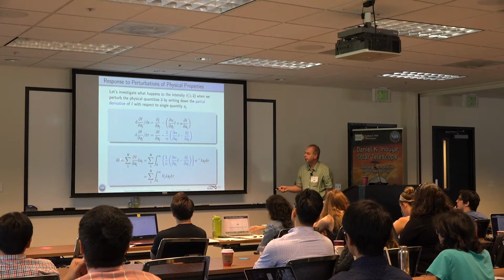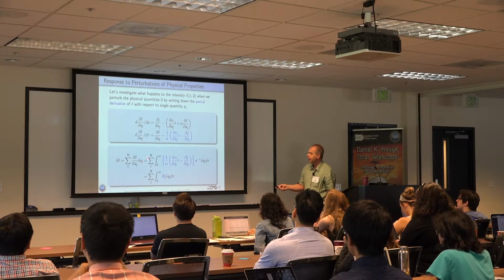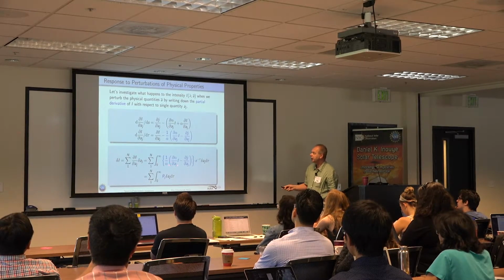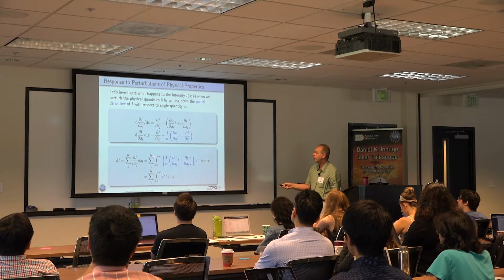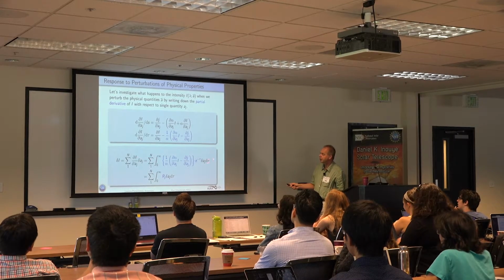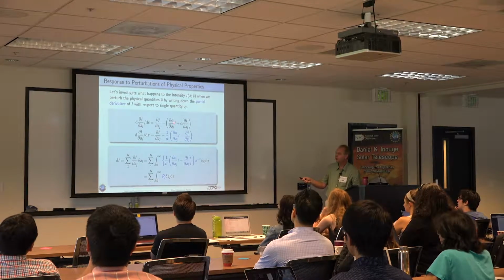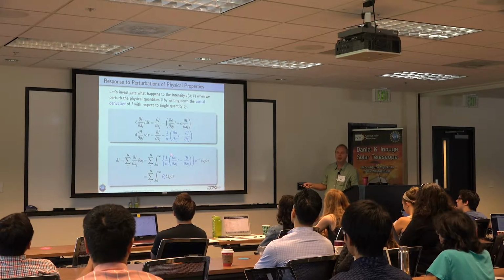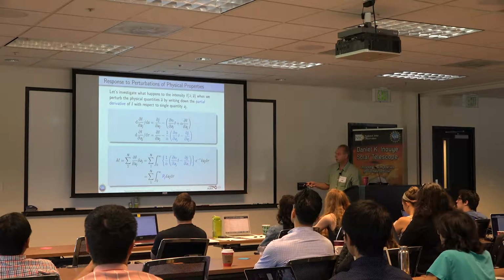So now if we perturb I by perturbing all of the quantities, we can write this as a sum of the integral. This is basically the formal solution with this effective source function. We can just rewrite the equation exactly in the same way as we did for the original equation of radiative transfer.